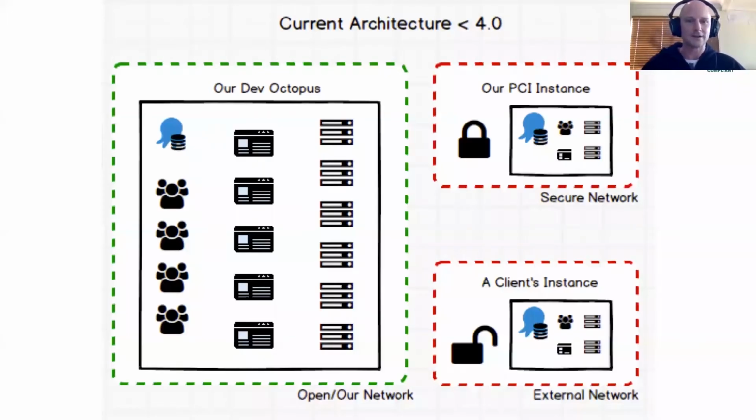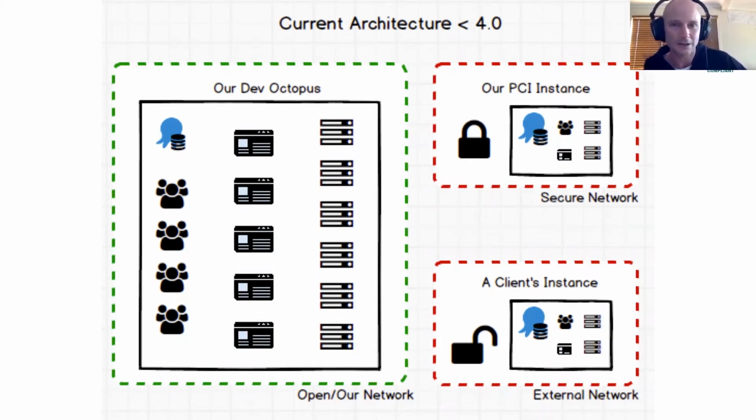So this is a very basic drawing of what a current architecture in Octopus 2 and 3 would look like. We've got possibly a great big dev Octopus with lots of developers, lots of projects, lots of local environments and machines. And then you might have a project within that organization that you need to deploy out to a segregated network, possibly for PCI DSS compliance or other security issues.